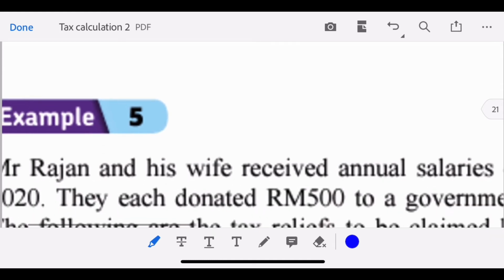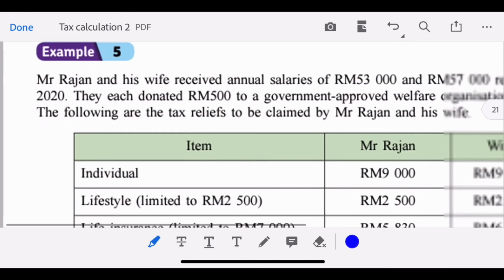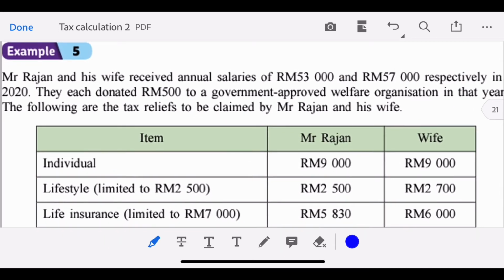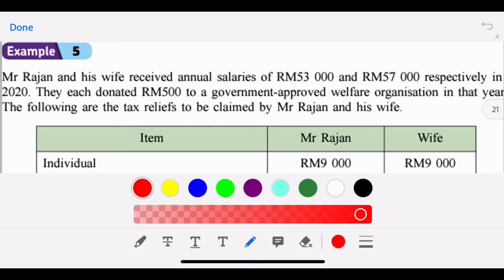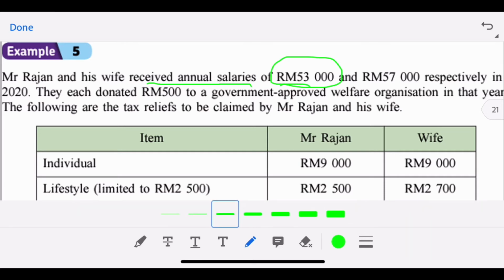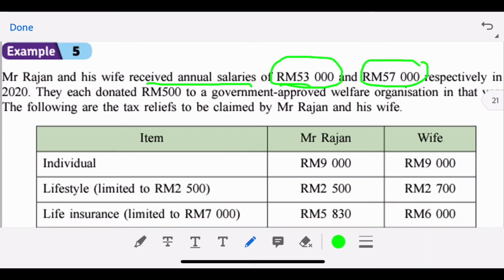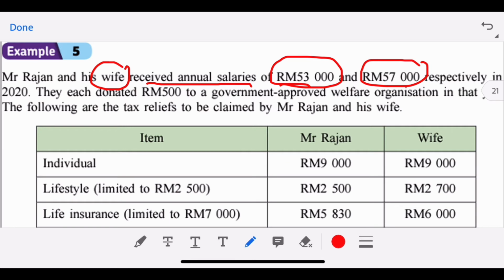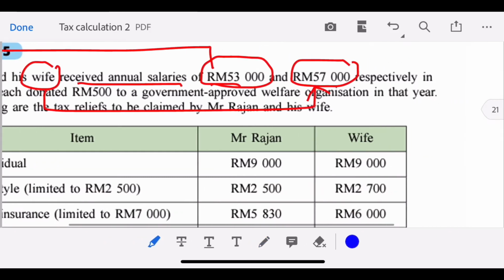So let's see another example. Mr. Rajan and his wife received an annual income of 53,000 and 57,000 for the wife. So 53,000 is for Mr. Rajan, and the wife is 57,000 respectively.